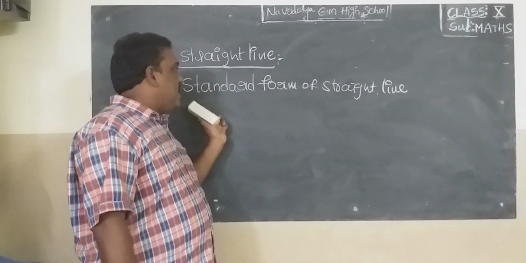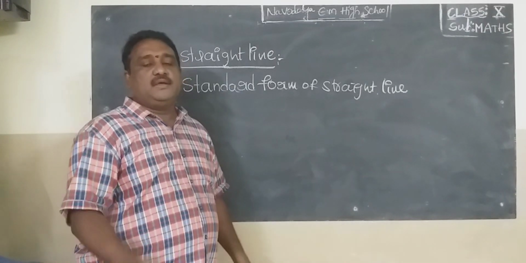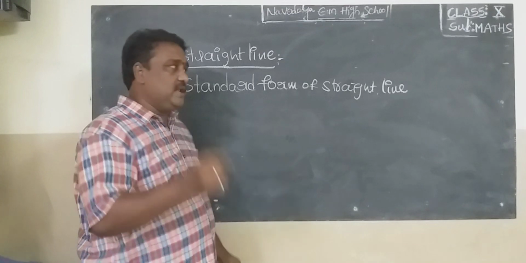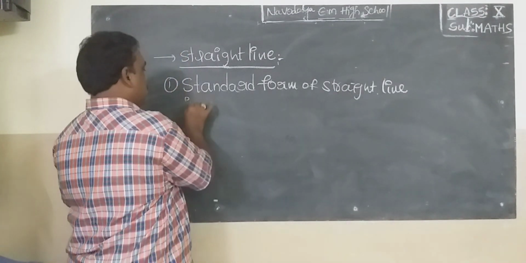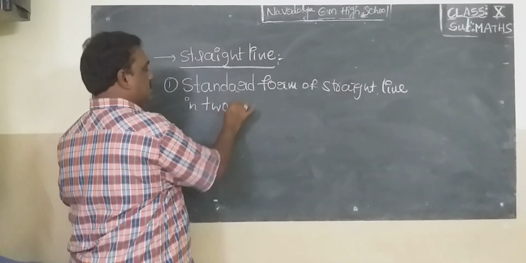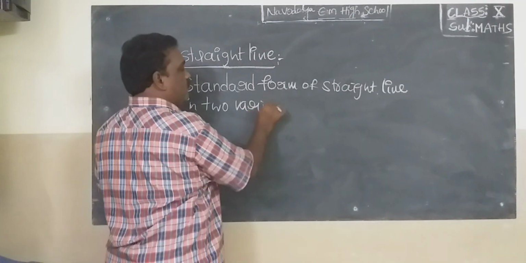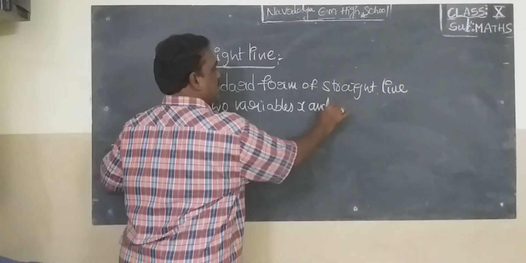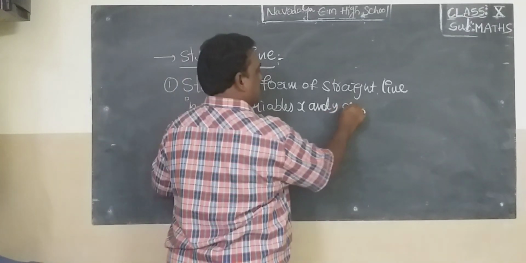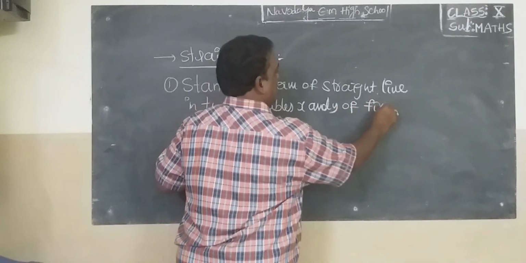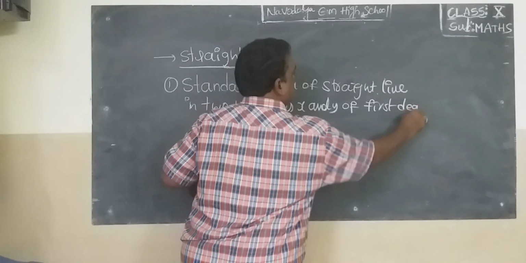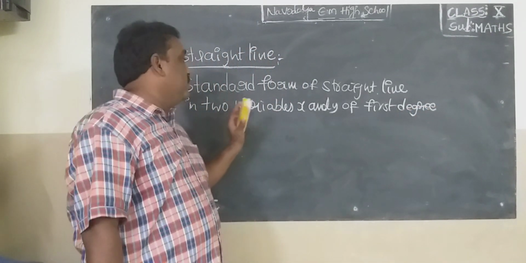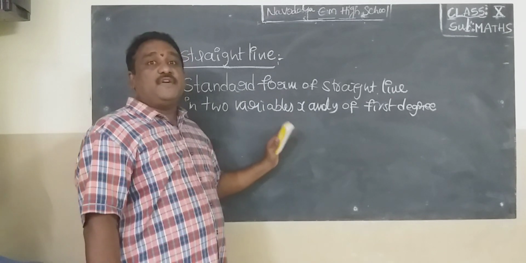Standard form of a straight line: two variables x and y, and first degree in x and y.